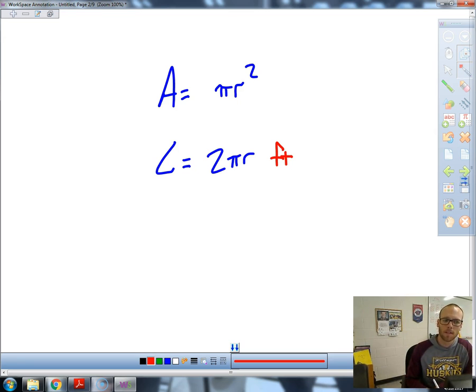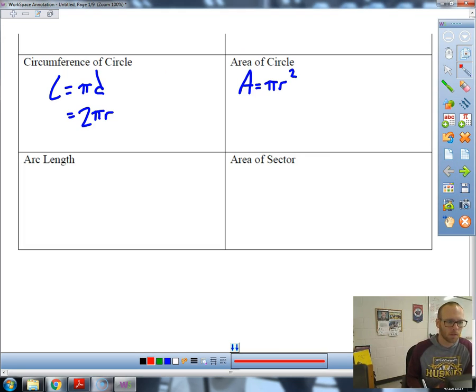Well, if the radius is given in feet, the area is in square feet. This is how I remember that the area formula is the one where the radius is squared, because our units are in square feet. So please do your best to keep these two formulas separated in your mind. Pi r squared as the area, square feet, r squared. Circumference is 2 pi r.